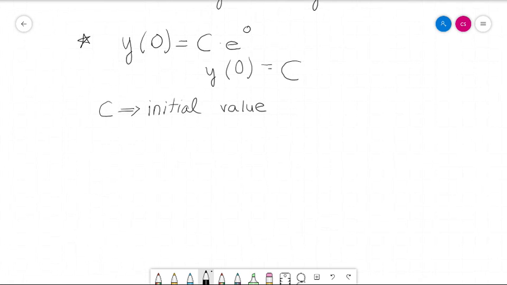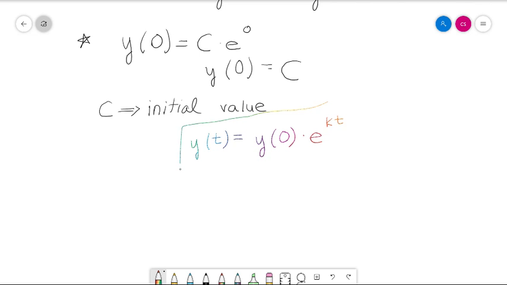So what we normally see when we're working with our formula is that instead of c, we'll say that our exponential growth or decay function is equal to y of 0 times e to the kt. Just to emphasize that c is the initial value.